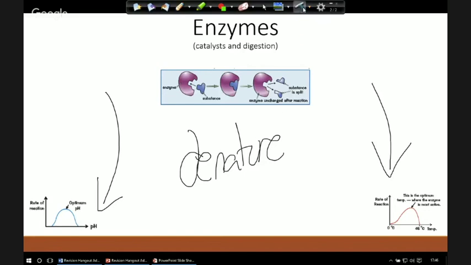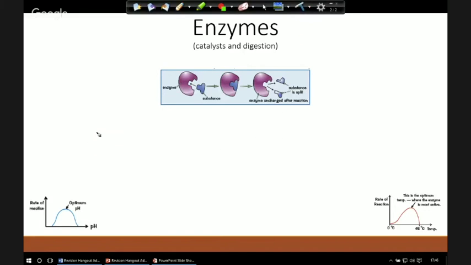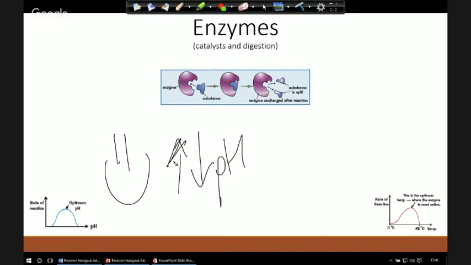Now, specifically for that, different enzymes work at different temperatures and different pHs. So enzymes found within the stomach, the small intestine, will have a tolerance to a lower pH than enzymes found within our mouth.